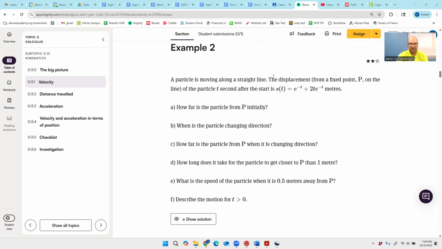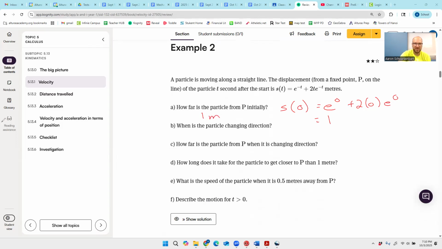The particle is moving along a straight line, so we're going to look at s of 0 to find out how far away it is initially. e to the 0 plus 2 times 0 times e to the 0. e to the 0 is 1, 2 times 0 is 0, so it's 1 meter.